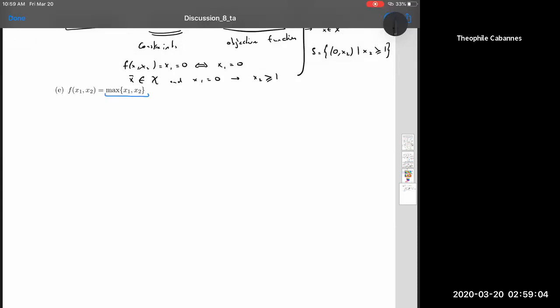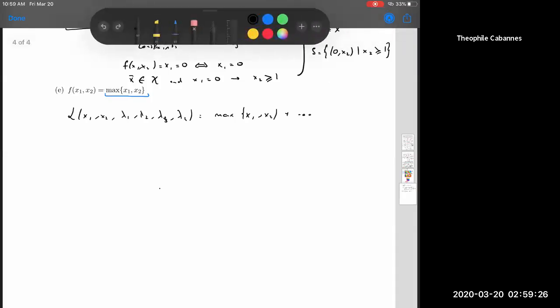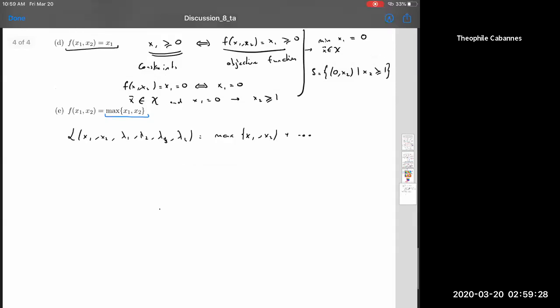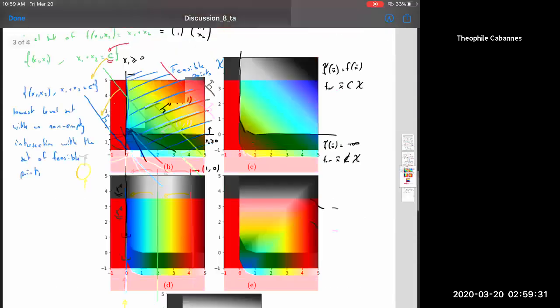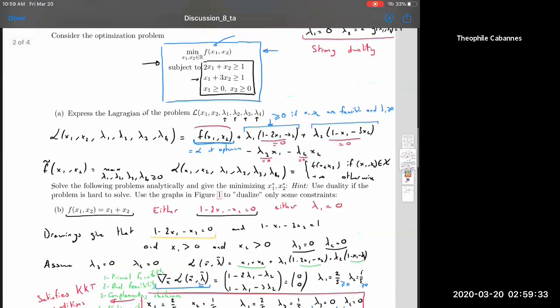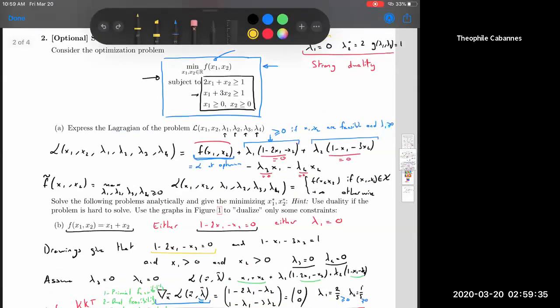So if you want to use the Lagrangian of this function, you will see that this is the max between x1 and x2, plus the other terms, which are like those terms here.